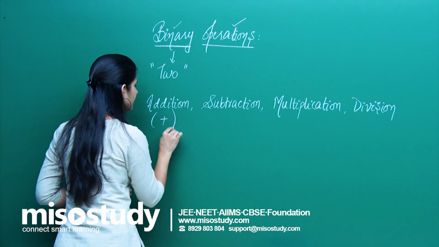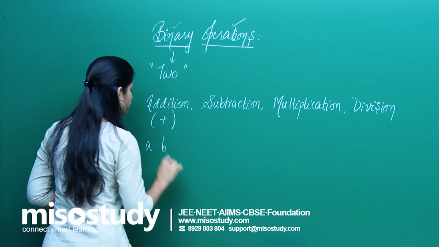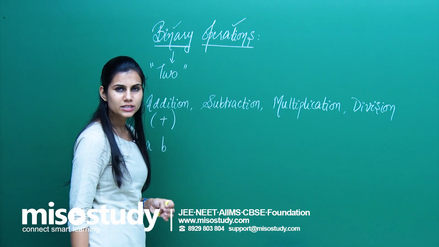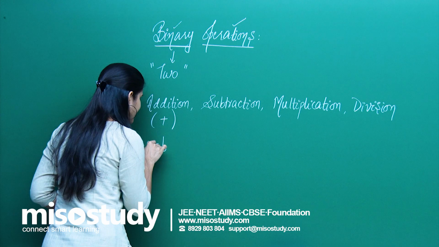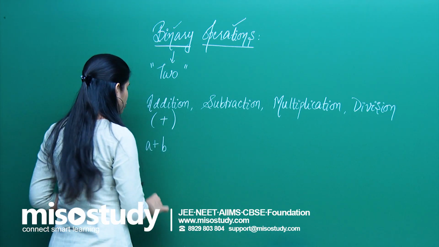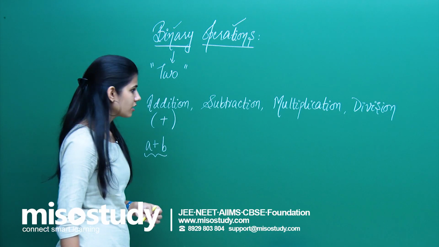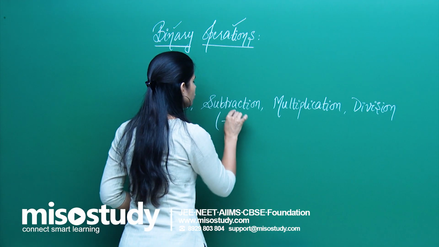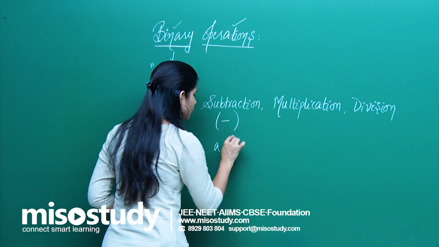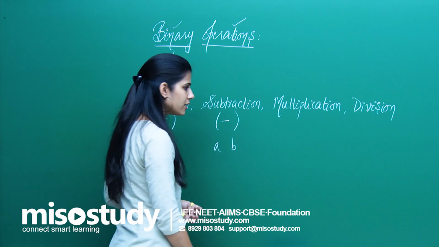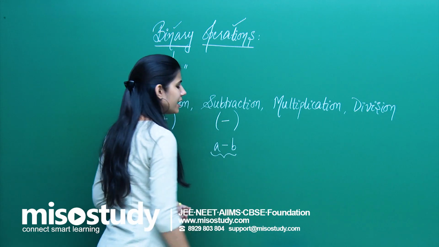Addition basically combined two distinct members, two distinct elements, two distinct objects, two distinct numbers. It combined them with this operation to create one single new element, a plus b. What did subtraction do? The operation of subtraction again combined any two elements together with the help of this operation and created a new element, a minus b.